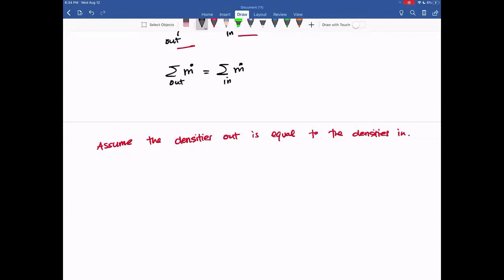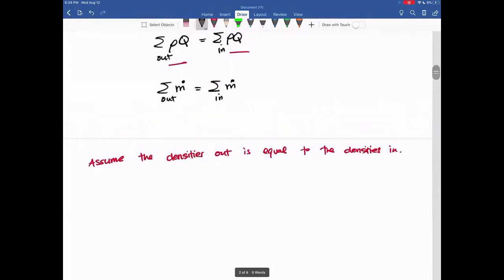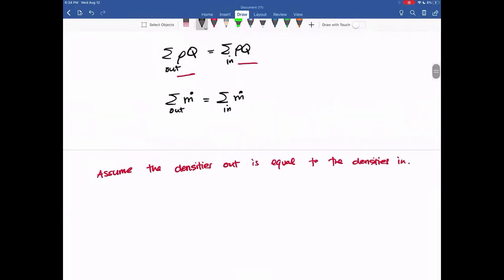But if you have water in, water out, you can. So this actually ends up turning into the sum of Q out is the sum of Q in. So these two equations, here and here, if you have the same densities, this just cancels, okay? But you have to leave them in if they're different.